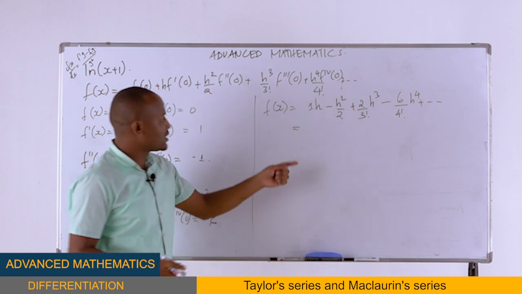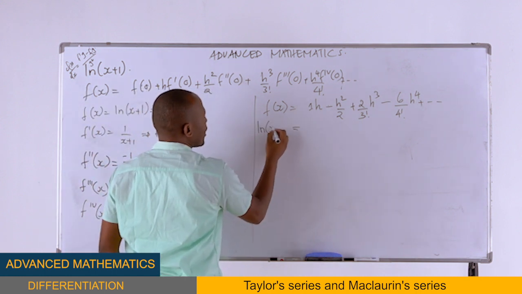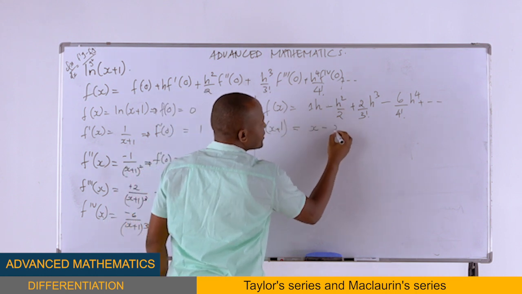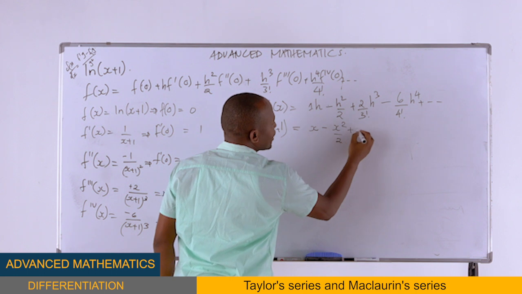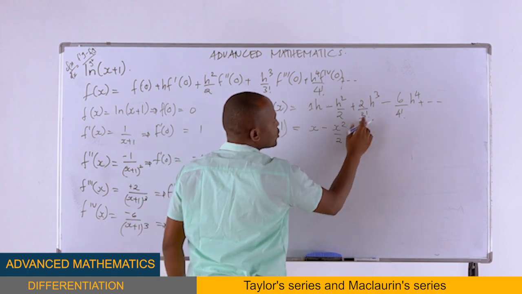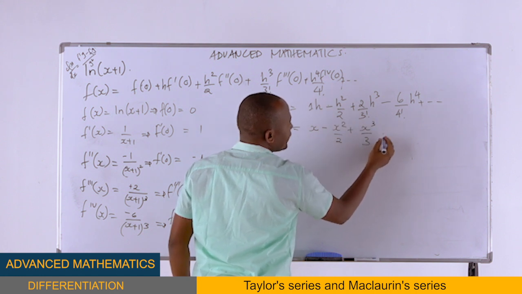Now remember, in our question we were not given an h. That means we shall have the expansion of that function in x. There is x squared over 2 plus 2. If we simplify that, a 2 will go, and we shall have x raised to 3 over 3.